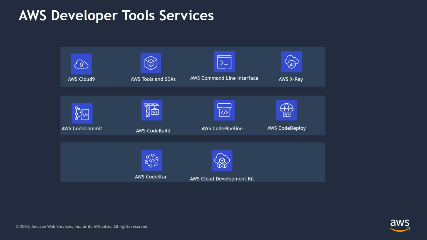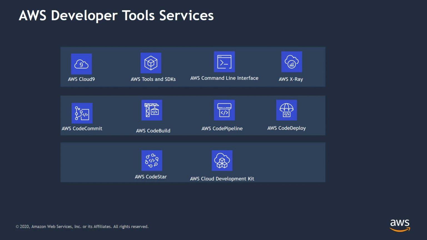A few of these tools and services that we will use in this session are AWS CodeCommit, CodeBuild, and CodePipeline. AWS CodeCommit is a fully managed source control service that hosts secure Git-based repositories. It makes it easier for teams to collaborate on code in a secure and highly scalable ecosystem.